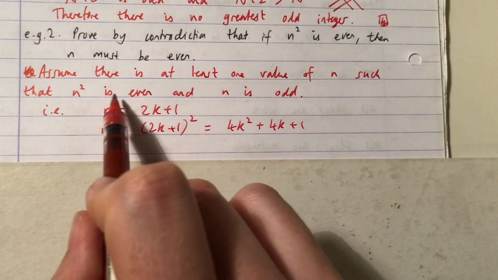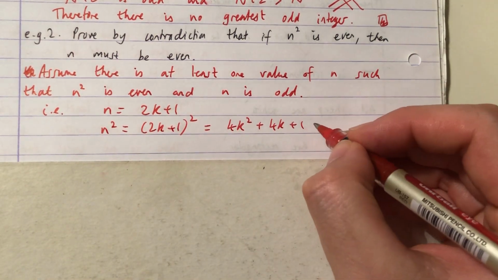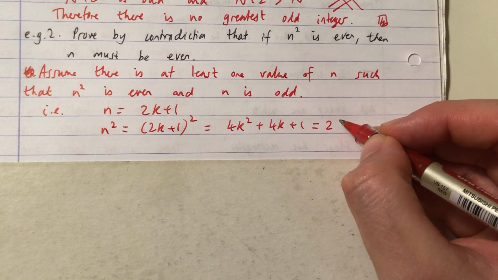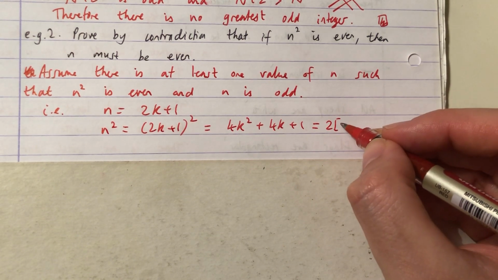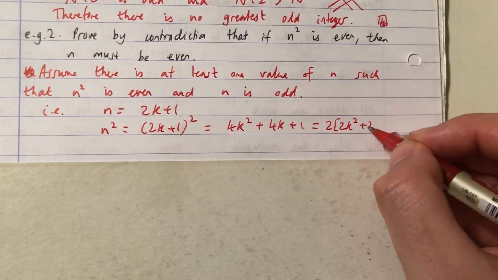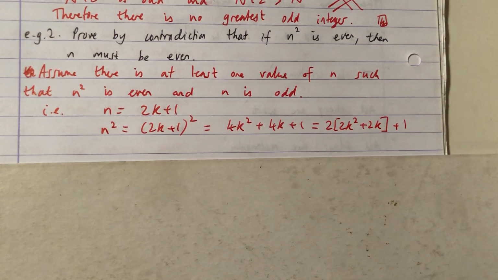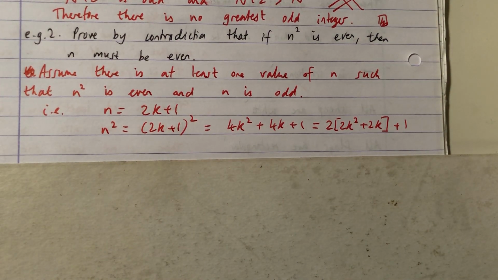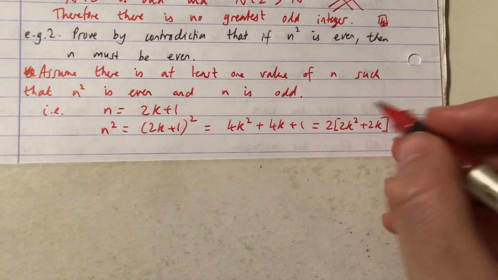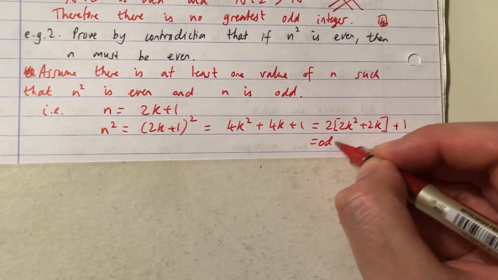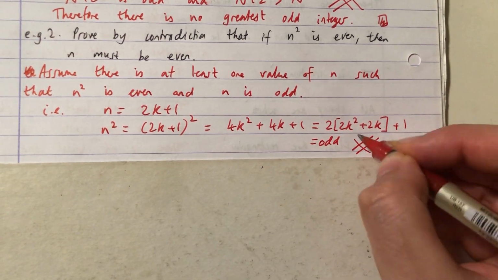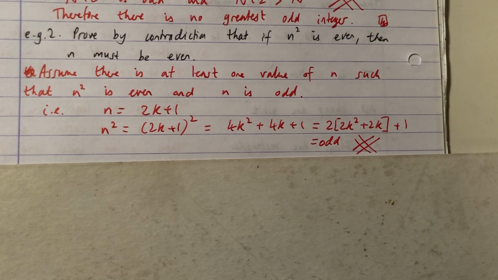We are claiming n squared is even. If I took out a factor of 2, that is not an even number. That is equal to an odd number, which is the contradiction that you are looking for.